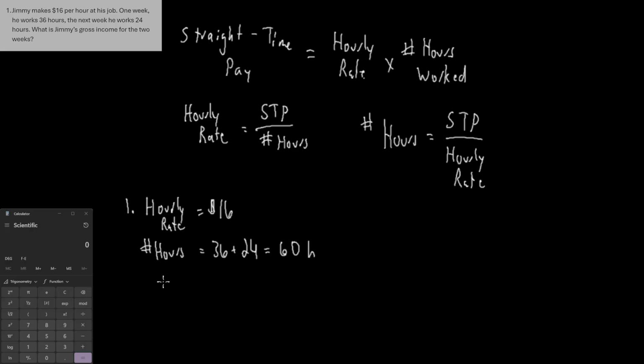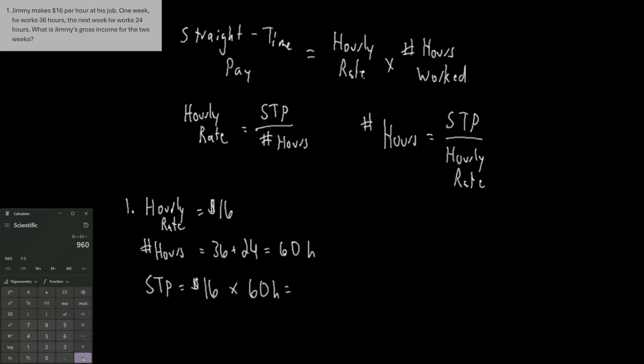All right. Then we can figure out what the actual answer to the problem is. So to figure out the straight time pay is going to be equal to the hourly rate, the $16, times the number of hours worked, the 60 hours. So $16 an hour times 60 hours. I'm going to need the calculator for that one. So let's go 16 times 60.